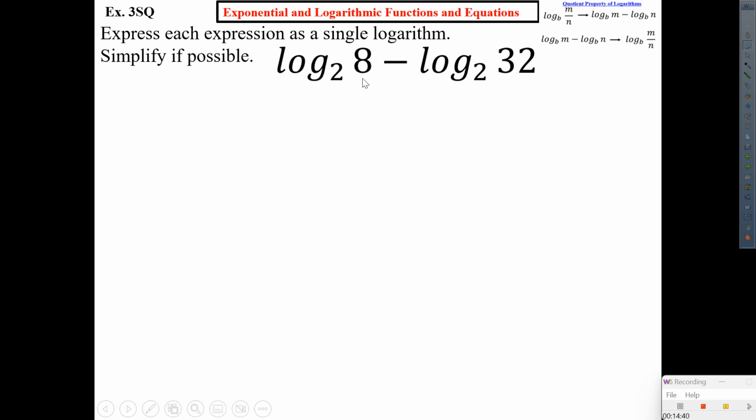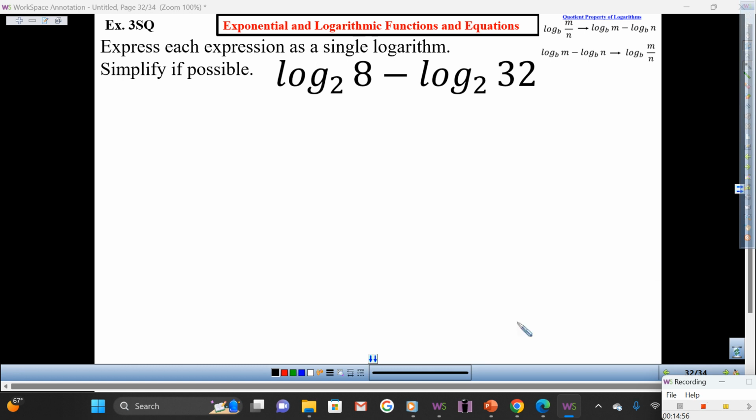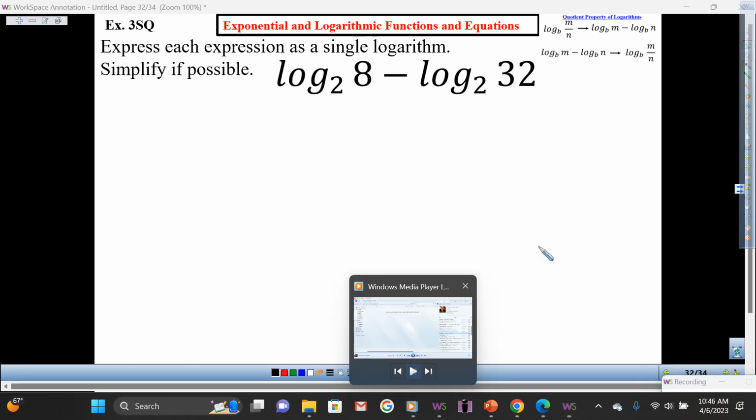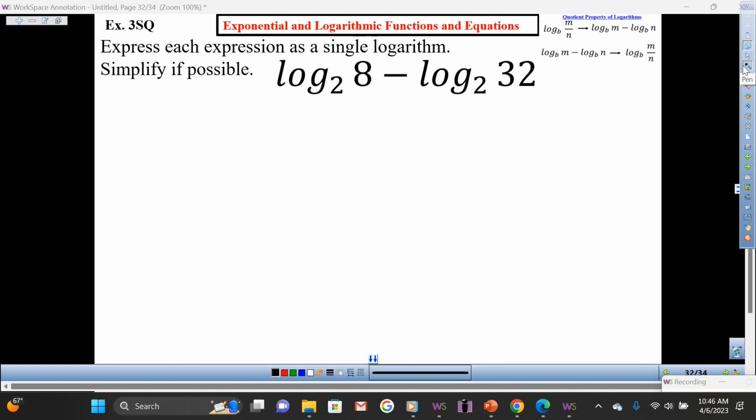Log base 2 given number 8 minus log base 2 given number 32. Let's see. Walk me through this one. JP, go.